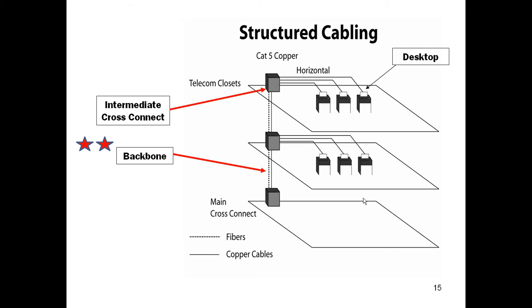In the telecommunication closets, which are also sometimes called intermediate cross connects, this is where our network switches are, our UPSs are, and then if there is more than one telecommunication closet, and often there is in a big building or a big location or a high-rise building, those telecommunication closets will be connected up to each other via cabling called the backbone. Now the backbone most often is fiber optics, but it can be copper if the distances are short enough to do it with.